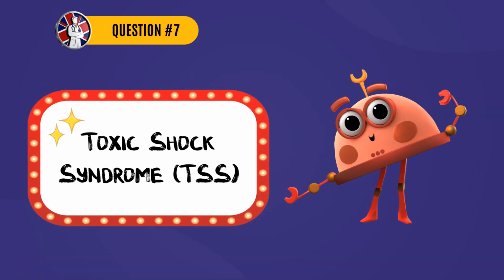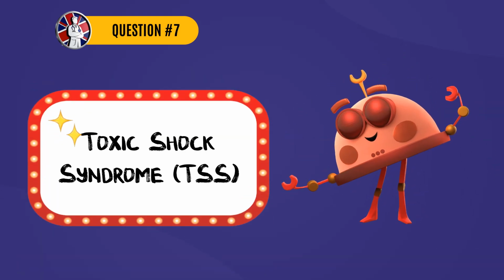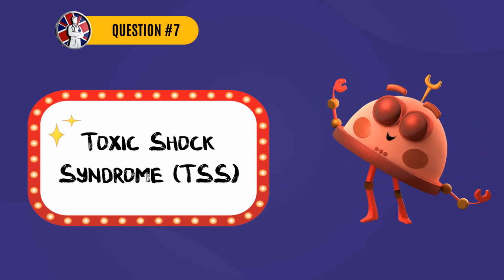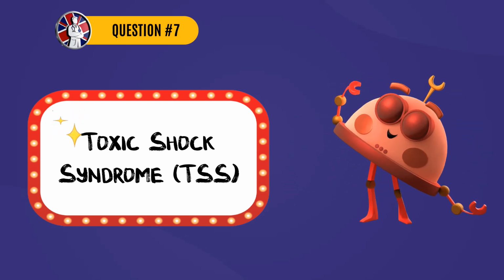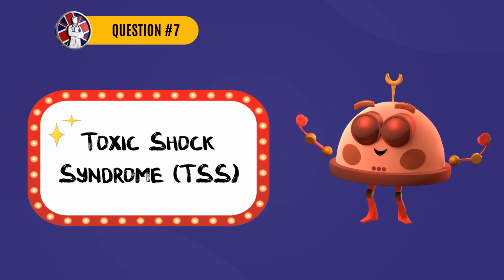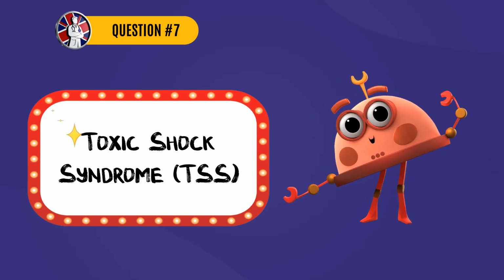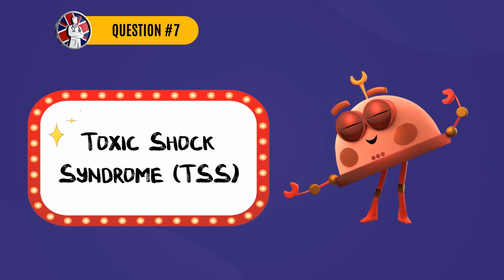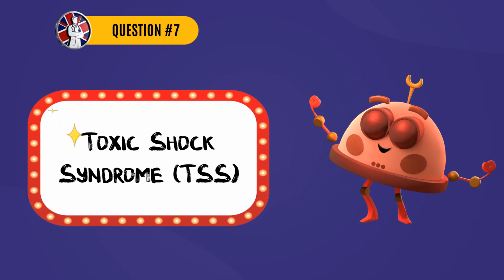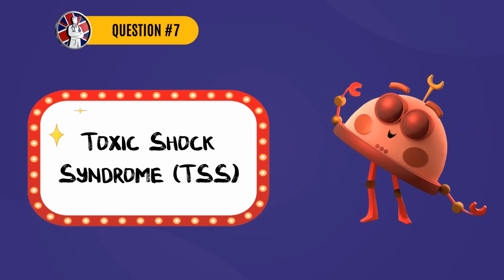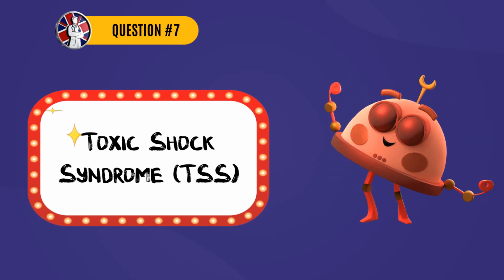Answer. Toxic shock syndrome, or TSS. The classic triad of fever, hypotension, and rash, coupled with the presence of a retained tampon, strongly indicates staphylococcal toxic shock syndrome. It is imperative to remove the tampon immediately and administer intravenous fluids as part of the critical management protocol.